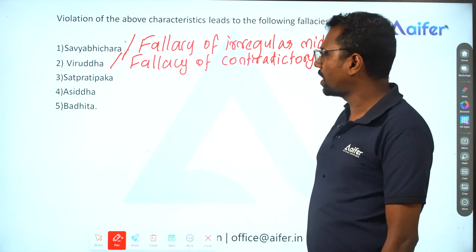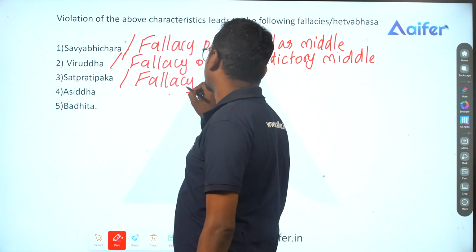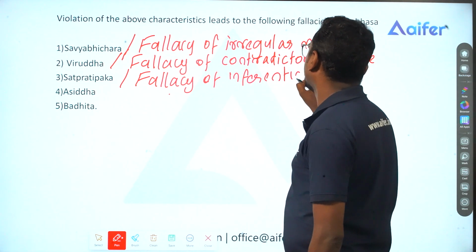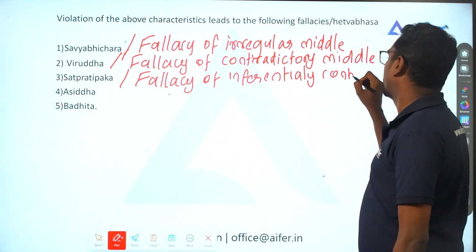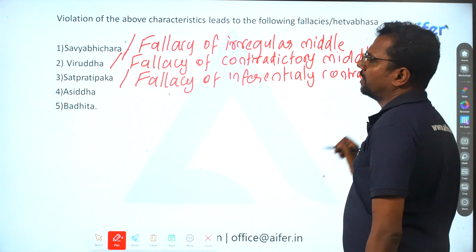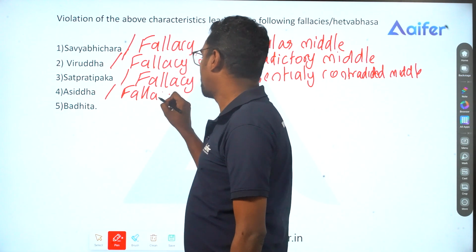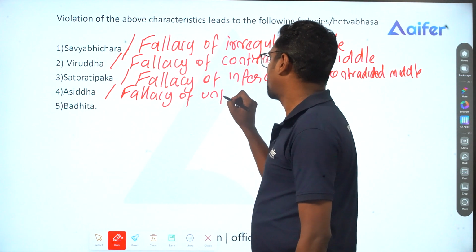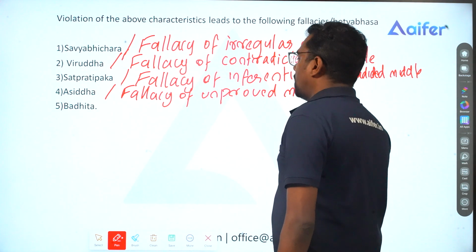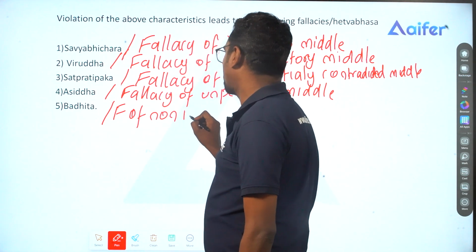Then Satpratipaksha, or fallacy of inferentially contradicted middle. Then Asiddha, or fallacy of unproved middle. And finally, Badhita, or fallacy of non-inferentially contradicted middle.